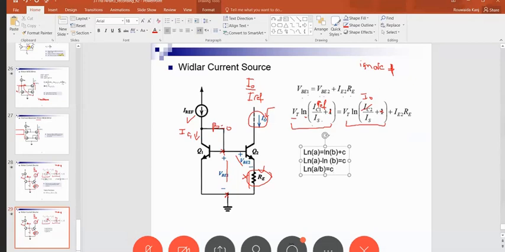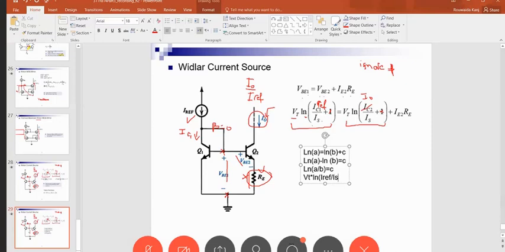So in a similar fashion, what is going to happen here is we will say that I will have VT times ln of, we remove the minus 1 terms, the A is I C1 over I reference, sorry, I ref over IS.